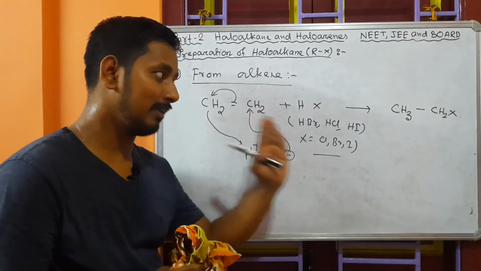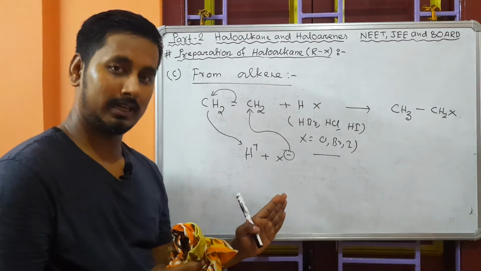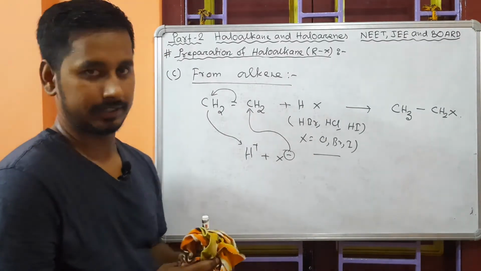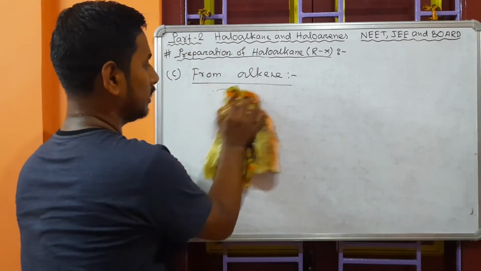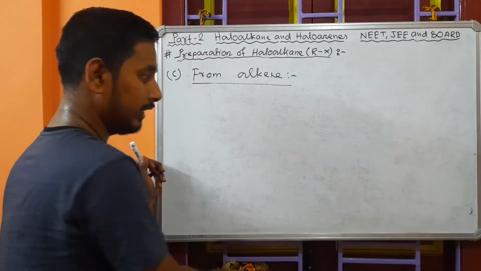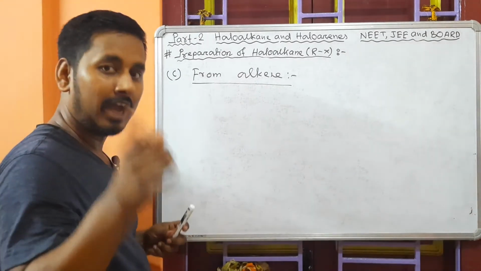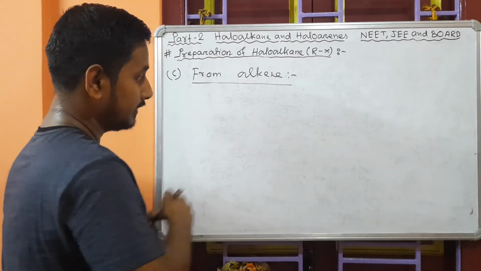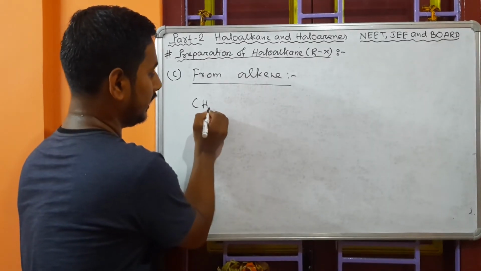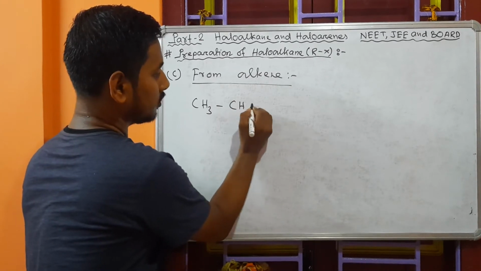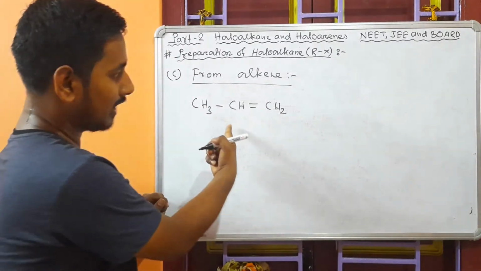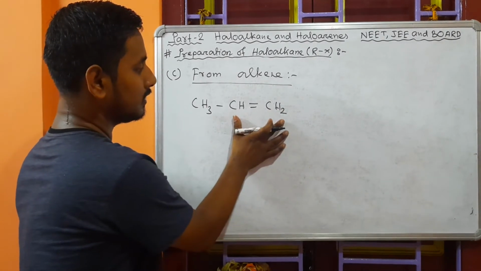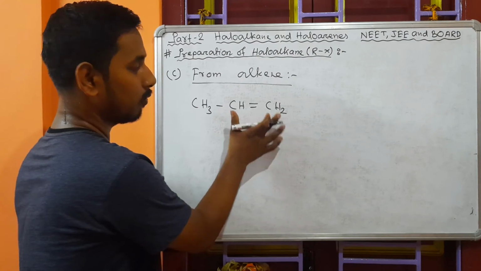If you do the same reaction with an unsymmetrical alkene, then what is the product? Say you have an unsymmetrical alkene. I think you got the point, and we already explained this in class 11 in the hydrocarbon chapter. See, if you have CH3 CH double bond CH2, this is an unsymmetrical alkene. Why is this unsymmetrical?